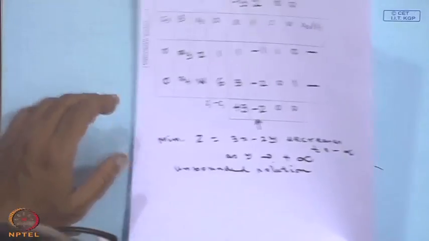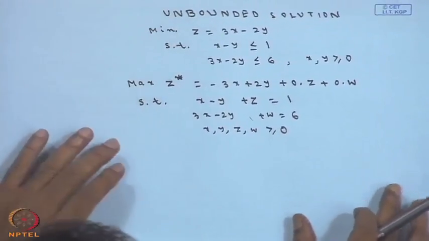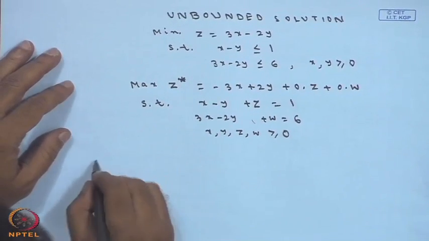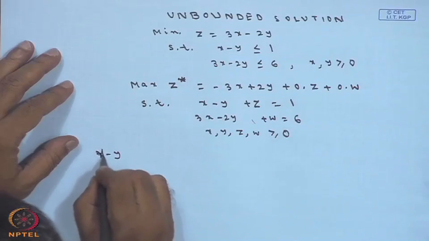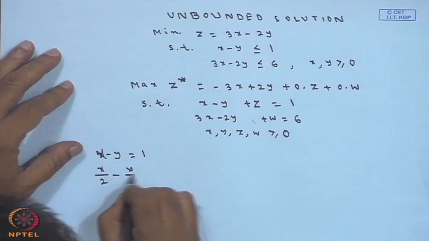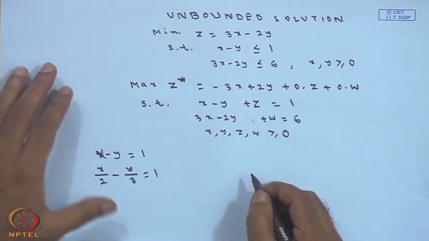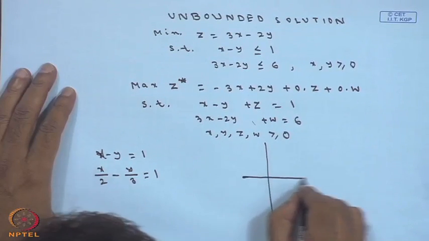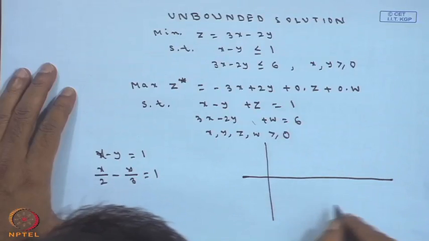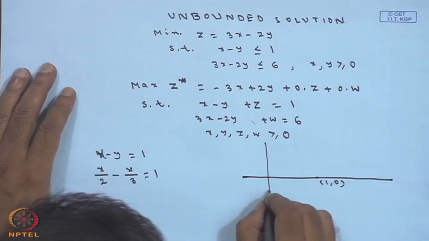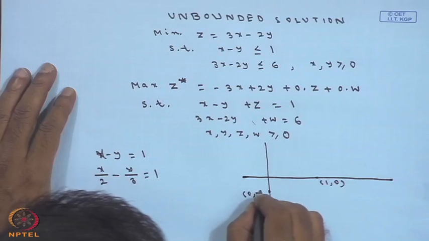Now, for this particular problem, let us see graphically what happens. I can rewrite the constraints as x minus y equals 1 and x by 2 minus y by 3 equals 1. If you try to draw the graph, this is your point 1, 0. Just roughly I am drawing.